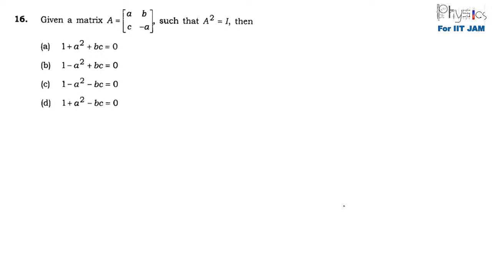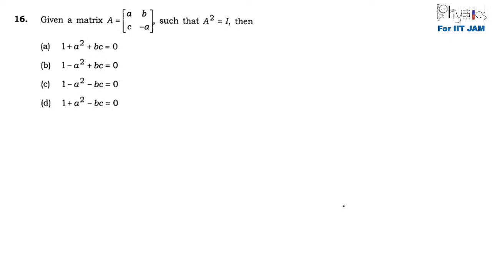Which is the correct option for this question? Is it A or B or C or D? 1 plus a square plus bc, 1 minus a square plus bc, 1 minus a square minus bc, and 1 plus a square minus bc. Tell me which is the correct option.